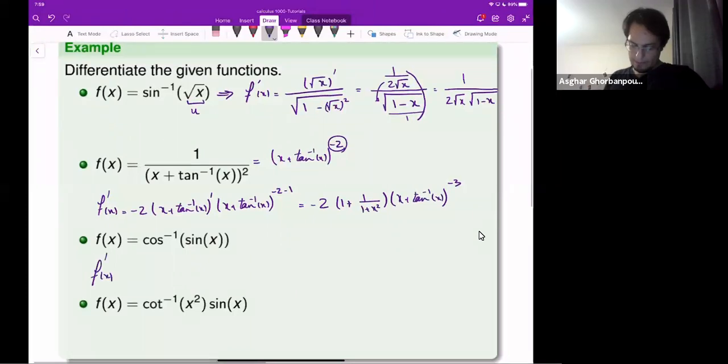The third one is, this is u, so the derivative of cosine inverse evaluated at u is going to be u prime over root of 1 minus u squared.